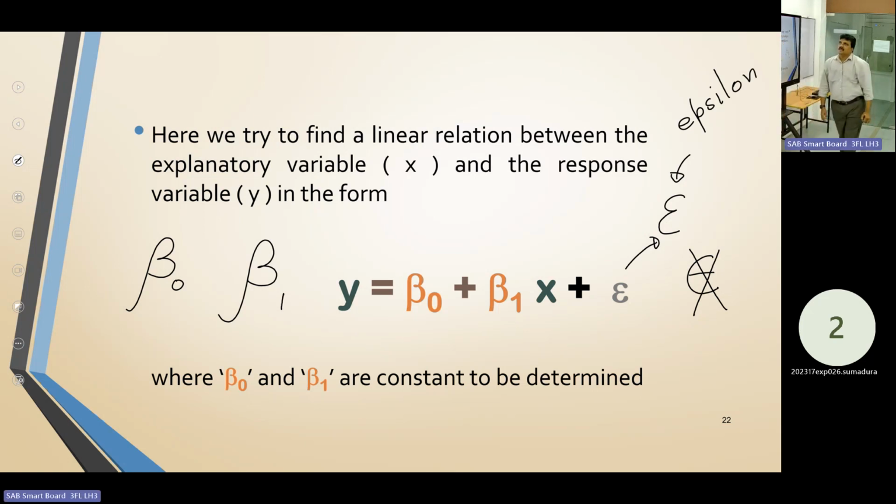I'll explain that part later. Here beta naught and beta 1 are constants to be determined.